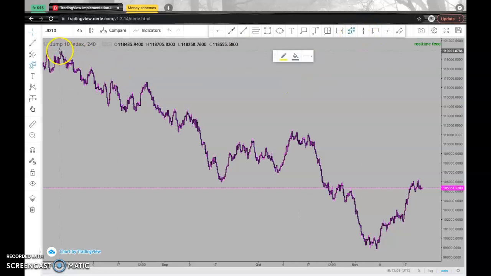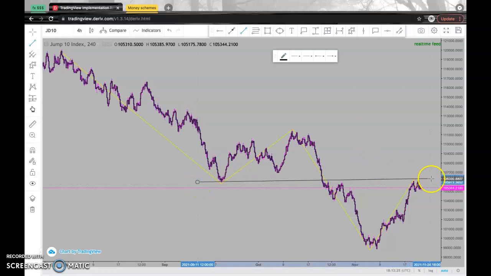On the 4-hour, this is the swing. From up there, from that high, it created a low. It created a lower high, and it then came down to create a lower low. Now it's creating a what? A lower high. Okay. So we have discovered that this is a trend by what?